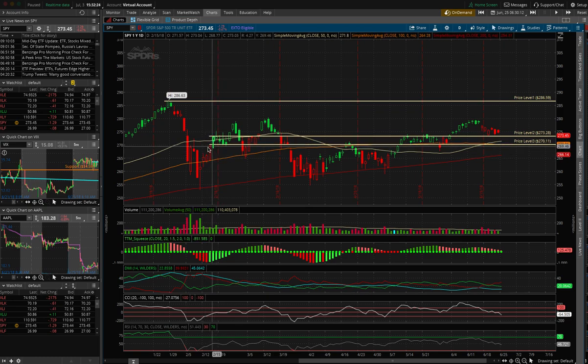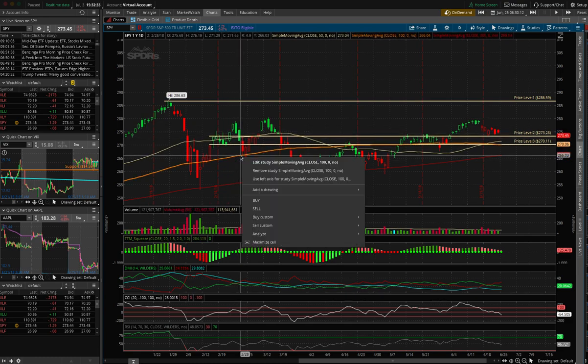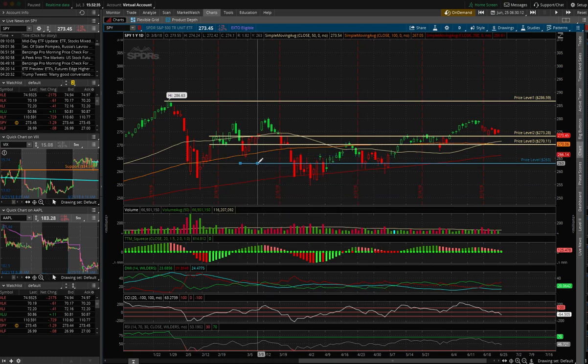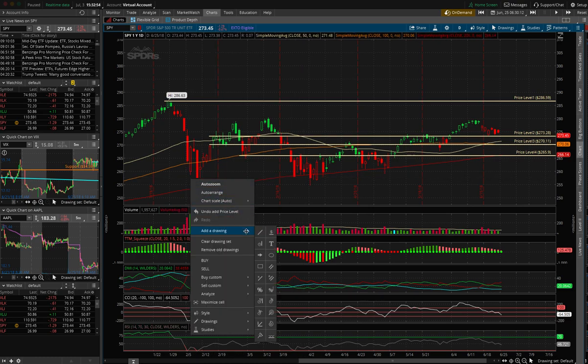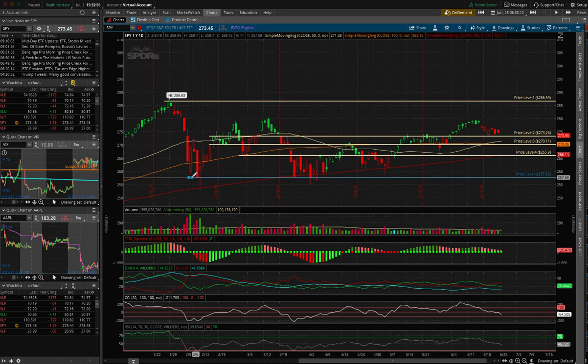You can see this resistance, then the support, this resistance, and it breaks through again. Then we have some support right here, which is also the 100-day. It bounces up from there, breaks through this resistance, comes back down, and bounces on the 200-day again, which establishes support at these levels.